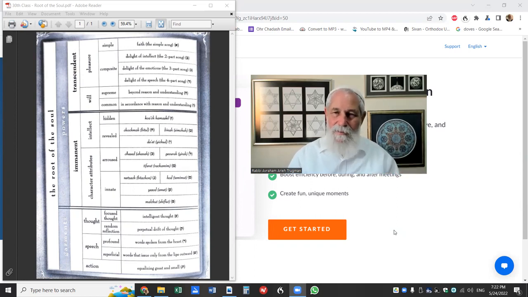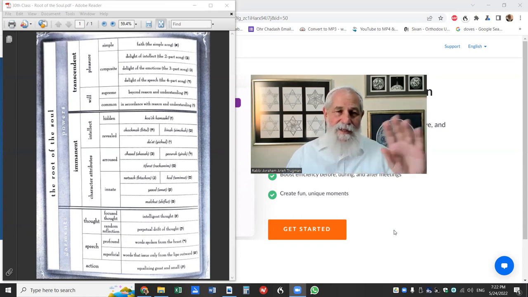Composite pleasure is a type of pleasure that is directed towards the world. In other words, simple pleasure is a type of pleasure that comes from inside of us, independent of anything or anyone else. It's a type of inner experience of being alone with oneself and at peace with oneself.